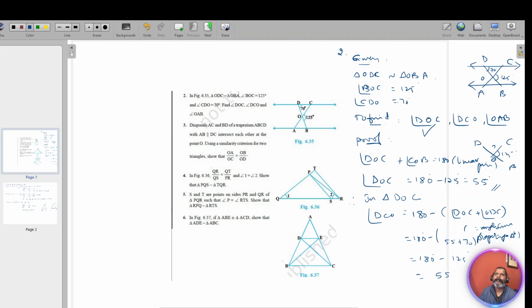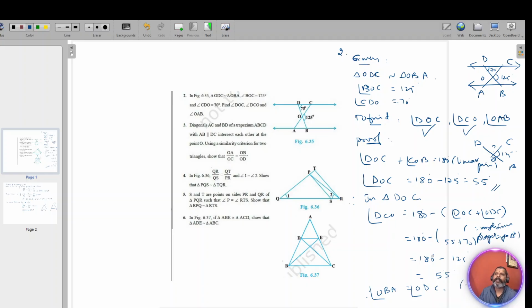Okay. Now last one is OAB. Don't calculate OAB now because they have given a hint. ODC and OBA are similar triangles. Since ODC and OBA are similar triangles, ODC angle value will become OBA angle.